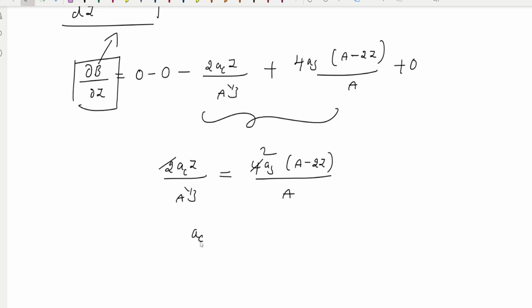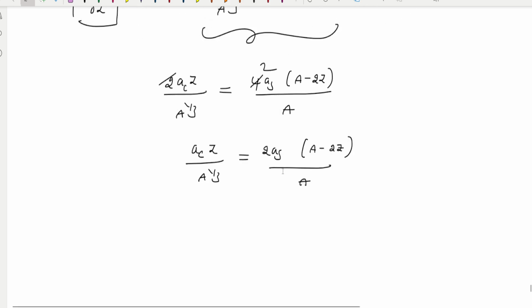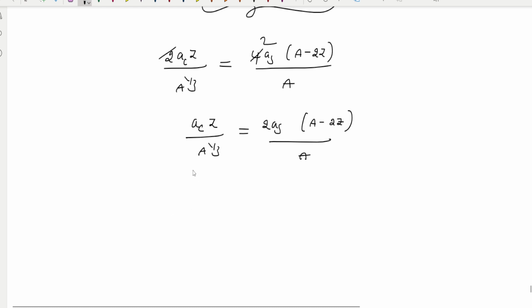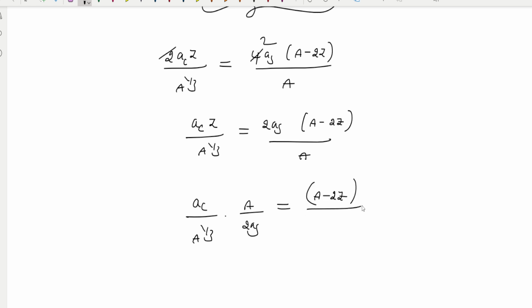Remaining term: ac Z divided by A power 1 by 3 equals 2as (A minus 2Z) divided by A. Then I am going to write this equation like this after simplifying: A power 1 by 3, and this one A divided by 2as, this portion, and A minus 2Z divided by Z. This Z is there, I'm using it here.